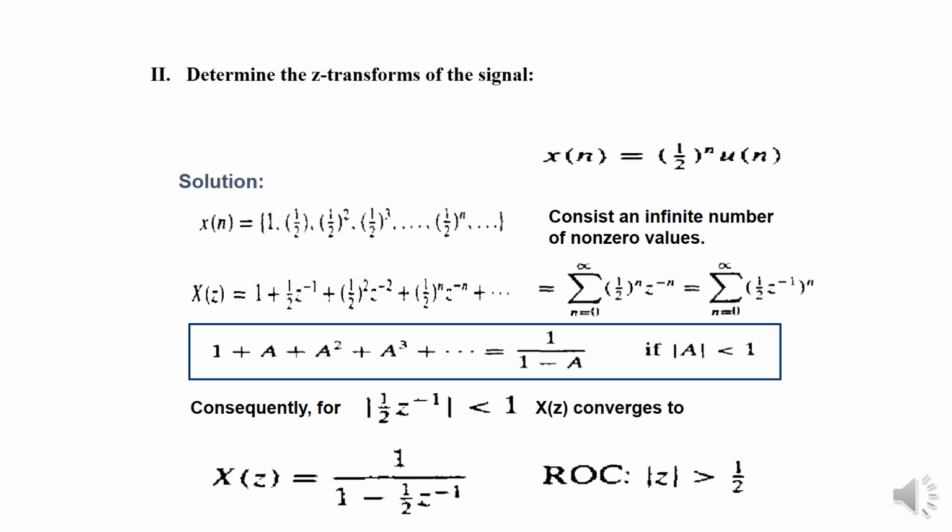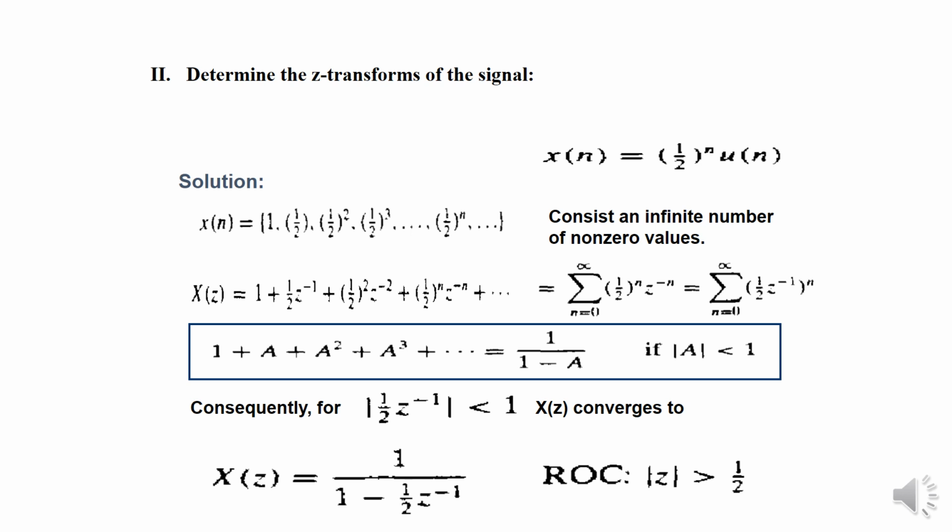When we have something like sigma n equals 0 to infinity a to the power n, we can write it as 1 over 1 minus a if the magnitude of a is less than 1. So likewise we can write this answer as X(z) equal to 1 over 1 minus 1 over 2 z to the power minus 1, because a is equal to 1 over 2 z to the power minus 1 here.